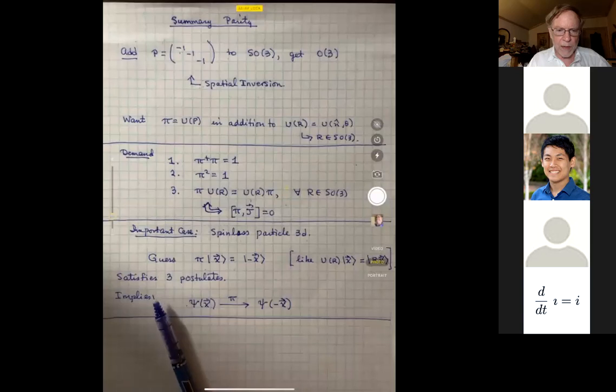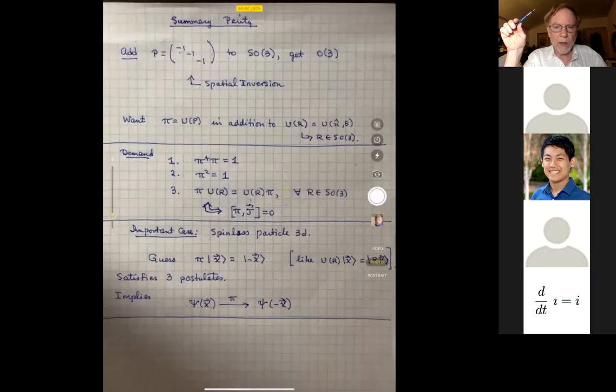In wave function language, this implies that the wave function psi of x is mapped into psi of -x. So I think that's straightforward. That's, of course, how you no doubt learned parity in your first course. So that's a real quick review of the last bit of last Thursday's lecture.